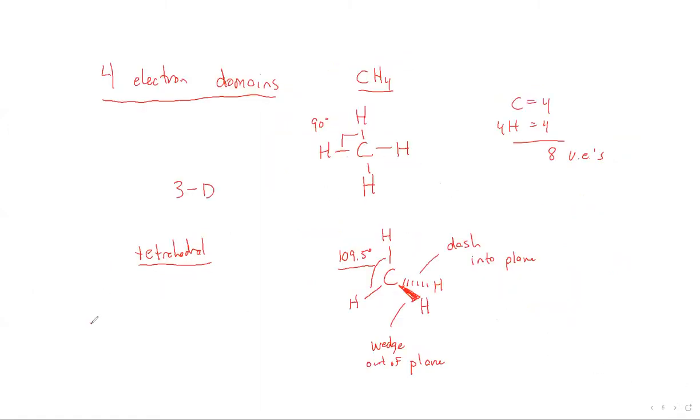But if I went to something like carbon tetrachloride, it would take on the same shape. This is nonpolar, even though chlorine is more electronegative. This is nonpolar because of the high symmetry. Dipoles cancel. Any questions?